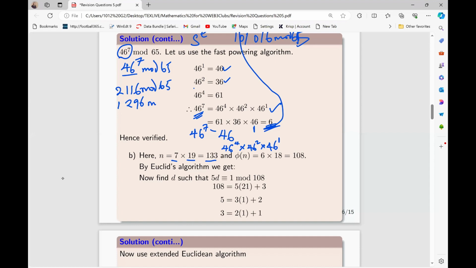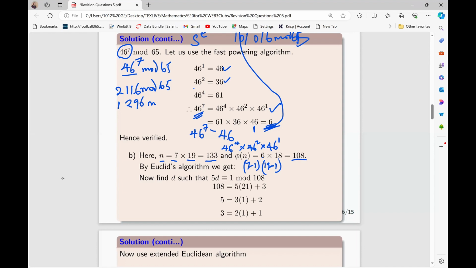What about the Euler phi of N? Euler phi of N will be 7 minus 1 multiplied by 19 minus 1. And that's how I get 6 times 18, because 19 minus 1 is 18. And that gives me 108.